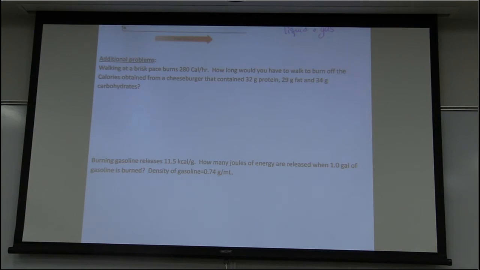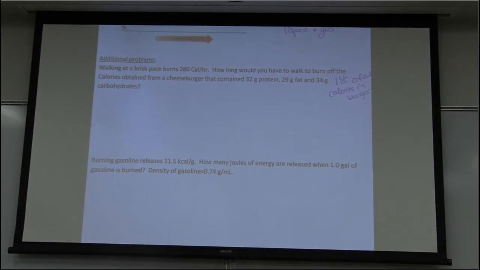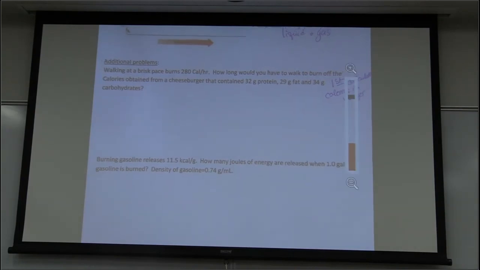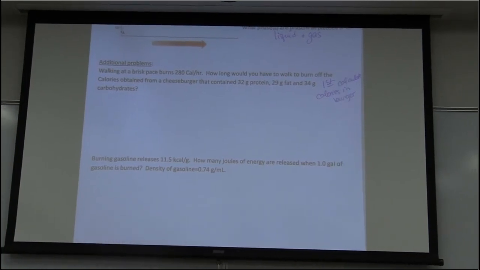How many calories are in the cheeseburger? So make a note to yourself. First, calculate calories in the burger. That's what you need to do first. And then after that, you should be able to figure out the rest of the problem fairly easily.